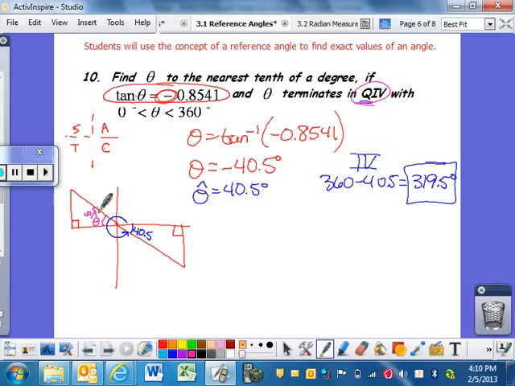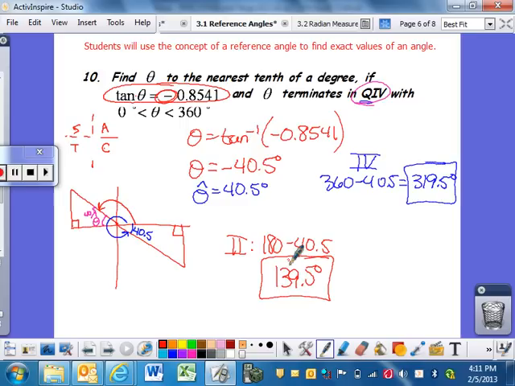If I deem my reference angle to be the same, what is my new answer from start to this terminal side? Now in quadrant 2, all I'm saying is that I am 40.5 degrees short of 180. So if I say quadrant 2 answer, it's 180 minus that 40.5, you would end up getting 139.5 degrees as another possible answer for this.